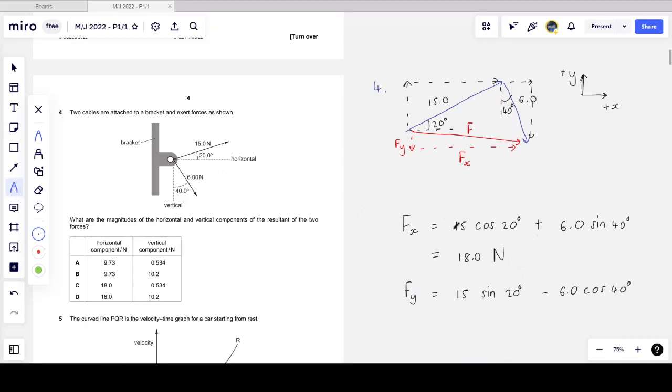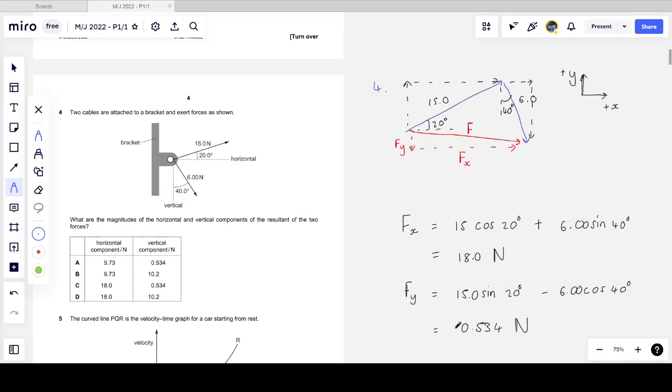So there's a nice little symmetry here between the two equations. And this gives us 0.534. This is where the significant figures are important. This should be 15.0 and this should be 6.00. And so we preserve our three significant figures. And what do you know?